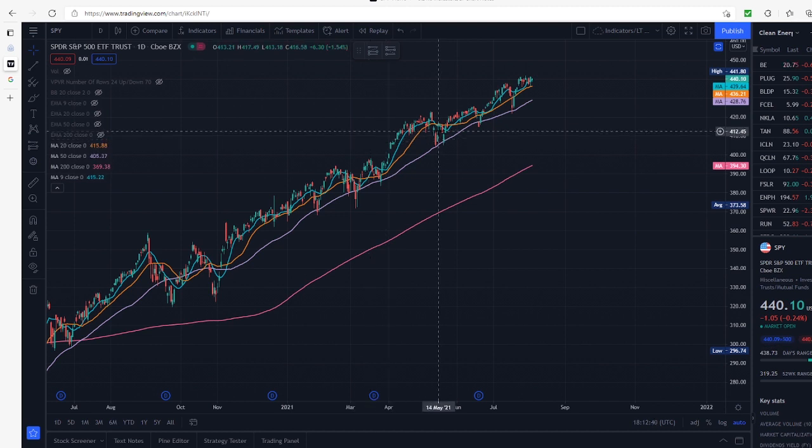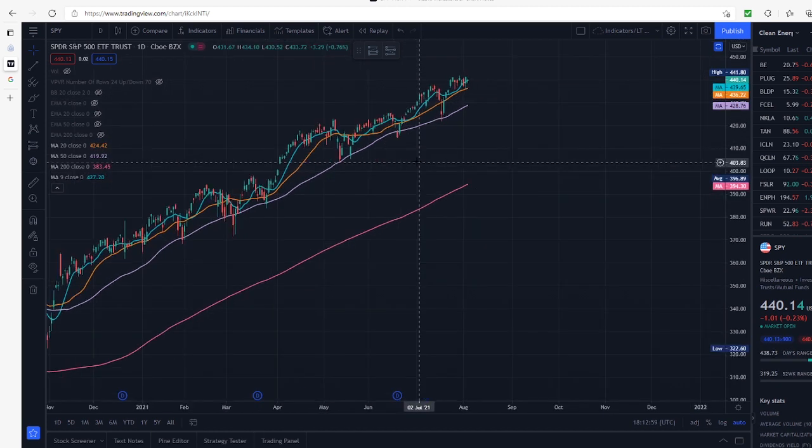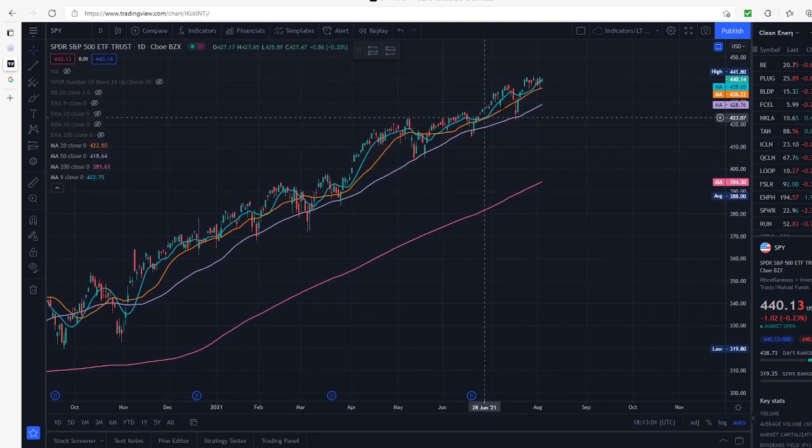That's often why we see volatility and a reaction to hitting a moving average, and that volatility can be in either direction. The longer the time frame of the moving average, the stronger the indication and the greater potential for volatility. That's why we see the S&P 500 here frequently bounce around these top two lines, right?